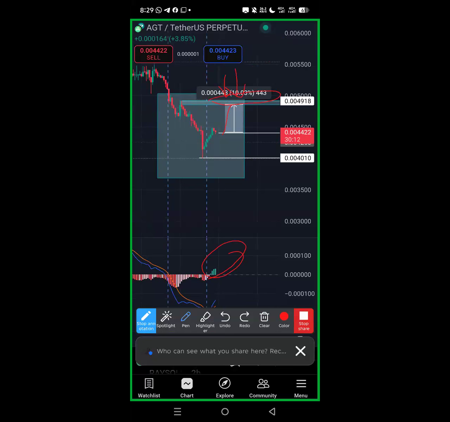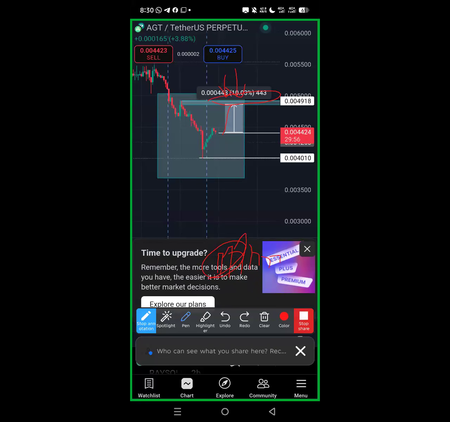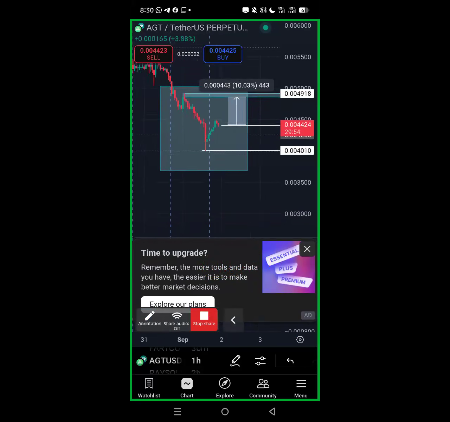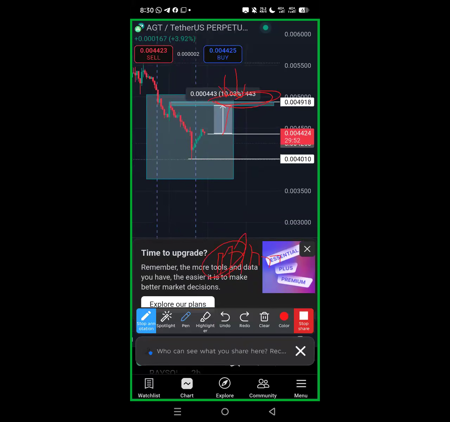But if the momentum keeps reducing in the course of the build-up, as evidenced by a decrease in the sizes of the positive histogram, that's when we say there is a likelihood that this point is going to reject this price.